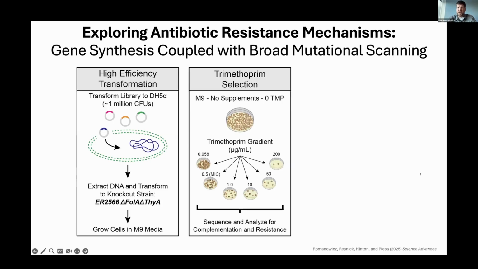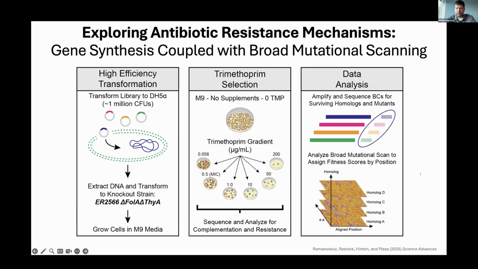And then from here, we grow the cells in minimal M9 media, and then we evaluate their ability to rescue metabolic function without supplementation. This is what we term complementation. And then we also test their ability to resist antibiotic inhibition across a trimethoprim gradient. It ranges from low doses, including the minimal inhibitory concentration, up to 400 times the MIC at 200 micrograms per milliliter of trimethoprim.